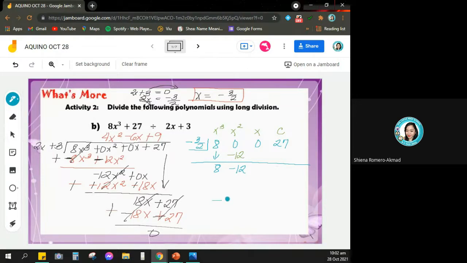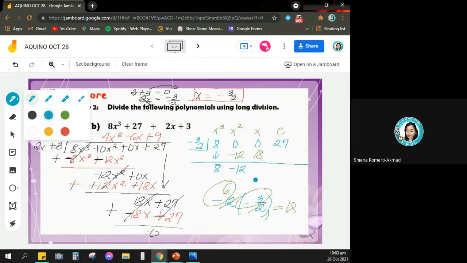So we have negative 12 times negative 3 halves. Mag-cancel out tayo. This is 1. This is 6. Negative 6 times negative 3. We have positive 18. Positive 18 plus 0 is 18.